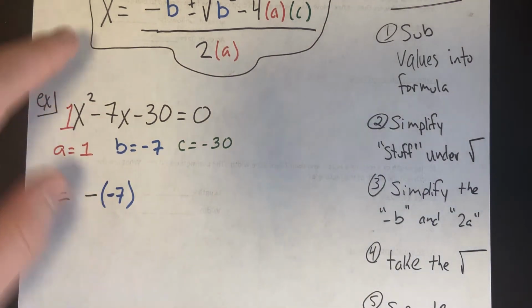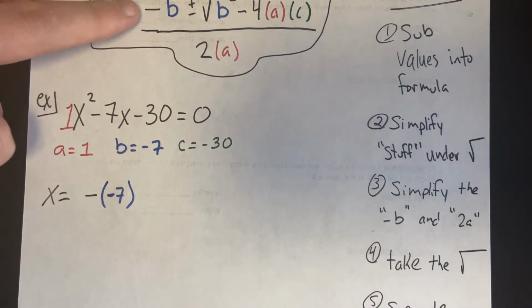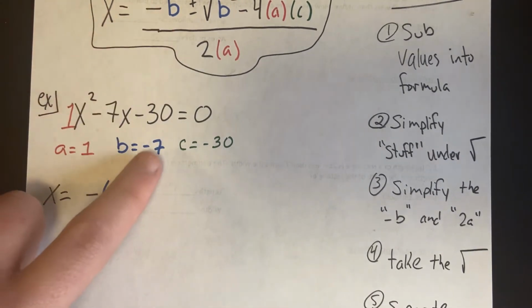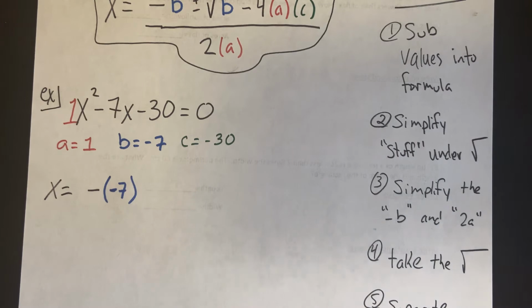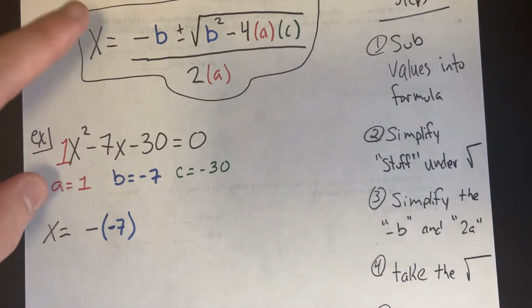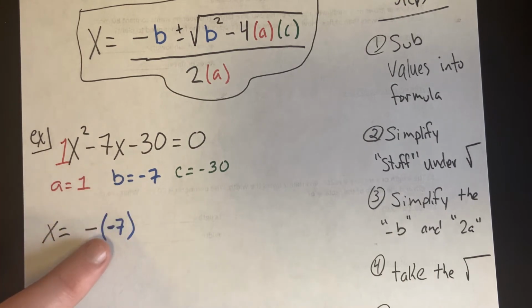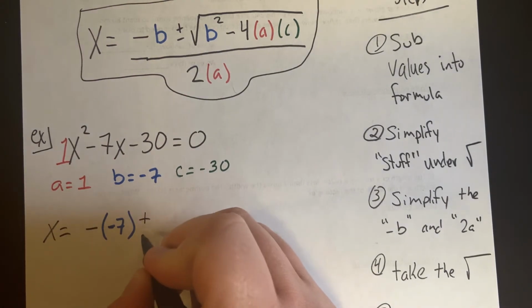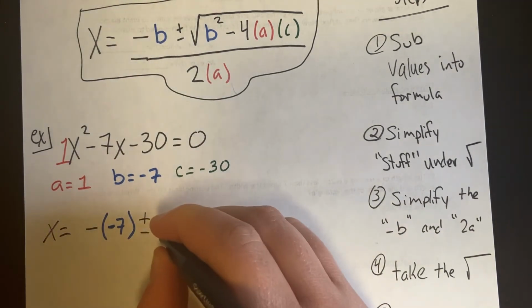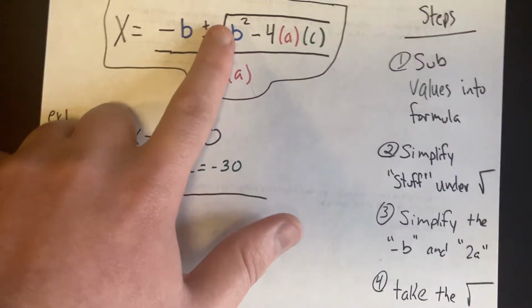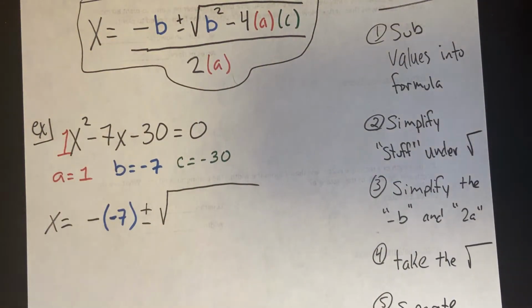But don't see this negative as that negative as well. So we have a negative b, and if b is negative, we have a negative number there. That's why in the beginning I said the opposite. So if b is negative, this negative and negative is going to turn into a positive. But anyway, we're just going to keep plugging along here. So we've got plus or minus the square root of b squared. Well, again, b is negative 7.